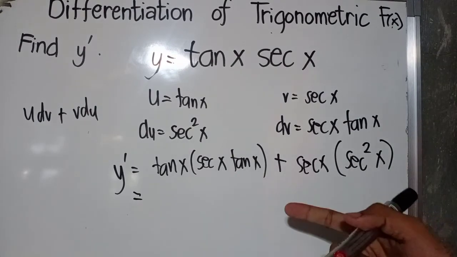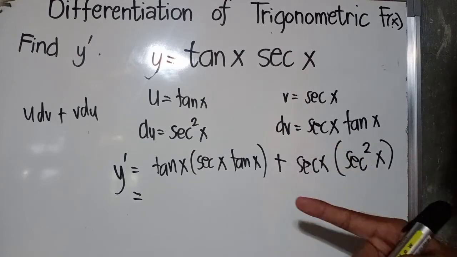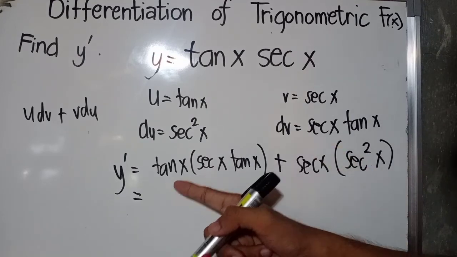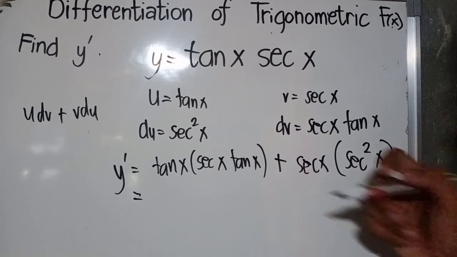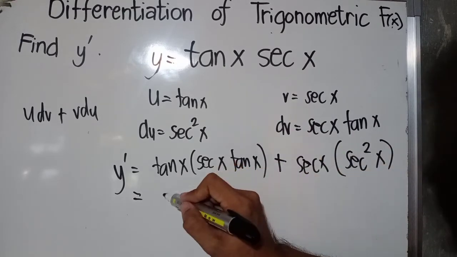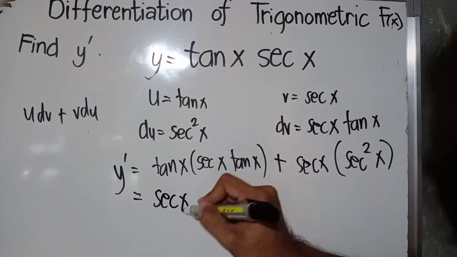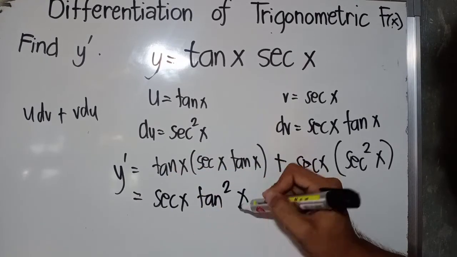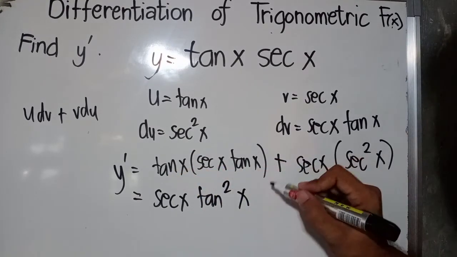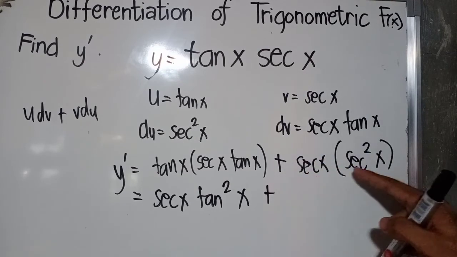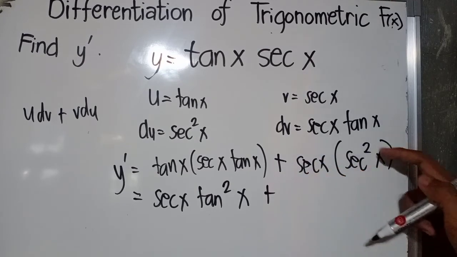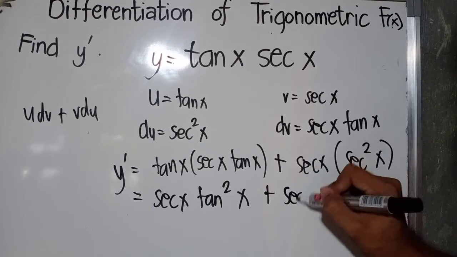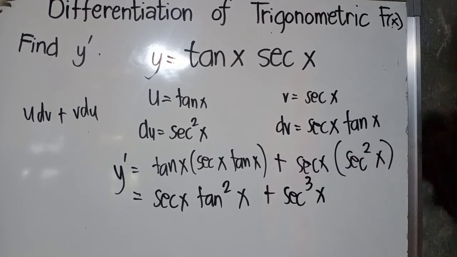So after you substitute to the formula of the product rule, so multiply nyo na lang sila. So that is, this will become secant x, then tangent squared x, since dalawa yung tangent natin. And then here, so secant x times secant squared x is secant cube x.